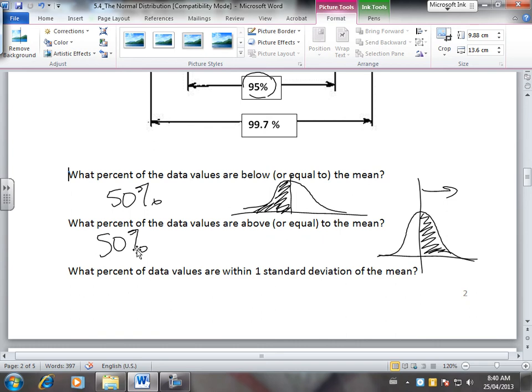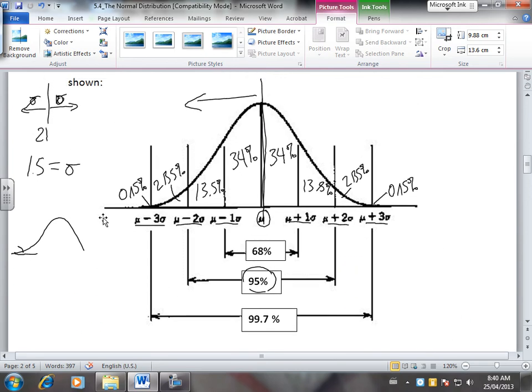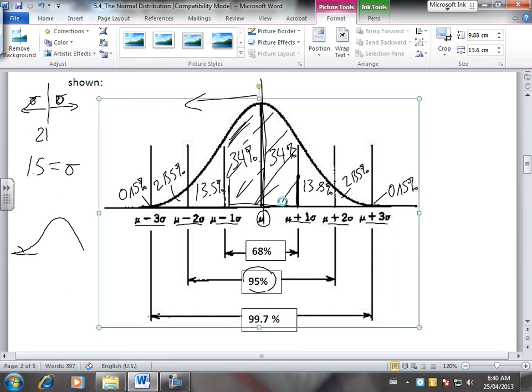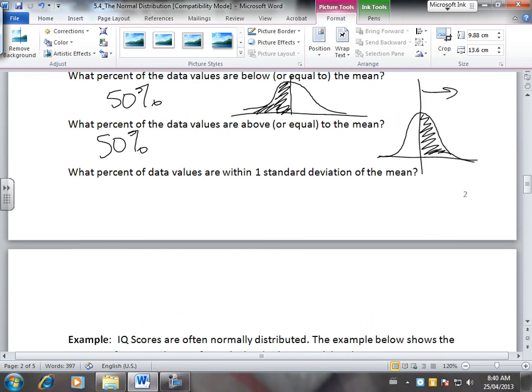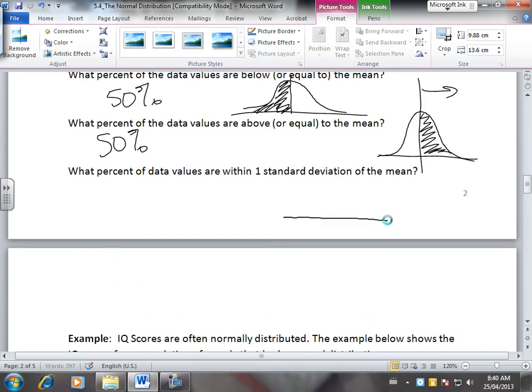And then what percent of the data are within 1 standard deviation of the mean? When I go back up here, here's my mean again in the center, and here's 1 standard deviation up or down, so it's this part here. If I go back down and draw another little bell curve, here's my mean, and there's 1 standard deviation, so that's adding 1 and subtracting 1.